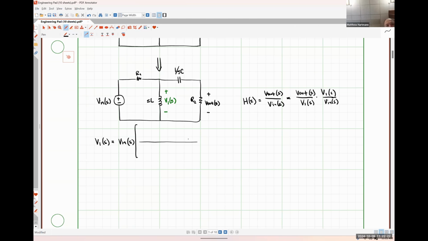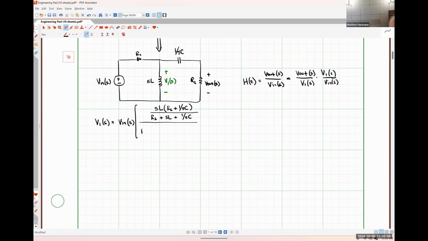So that's going to look like sL times (R2 plus 1 over sC) divided by (R2 plus sL plus 1 over sC). And then in my denominator, I'm going to have just that resistor R1 plus that exact same impedance, because we're just applying good old meat and potatoes voltage division here, right?